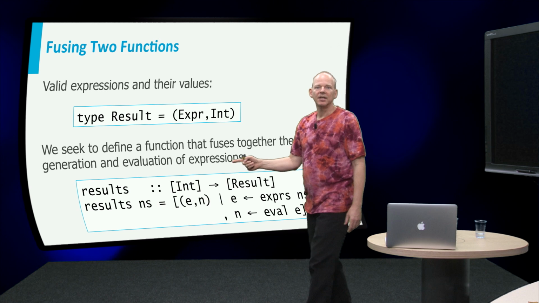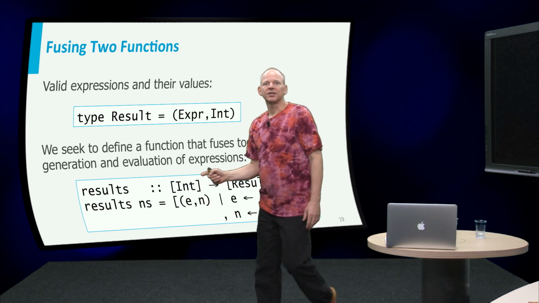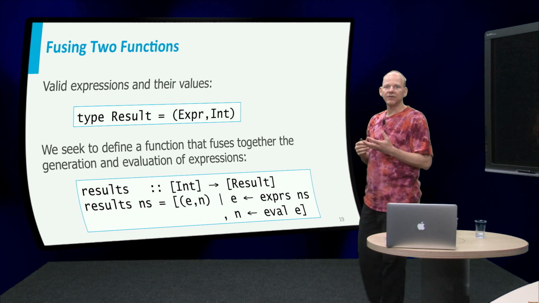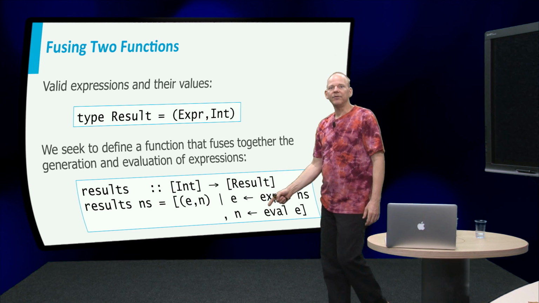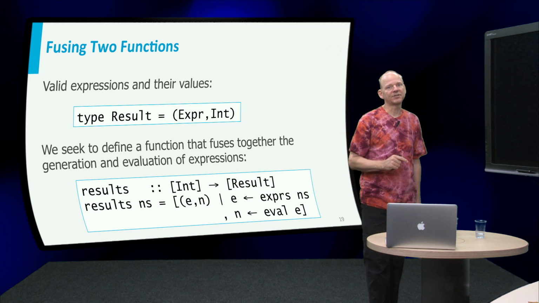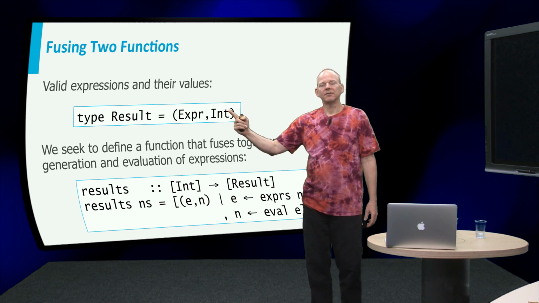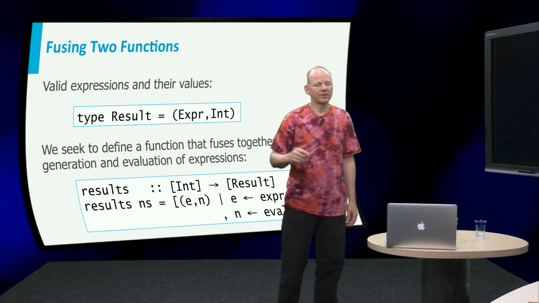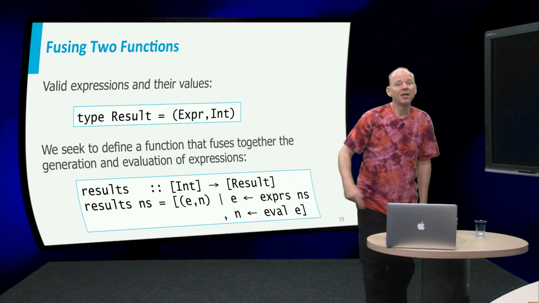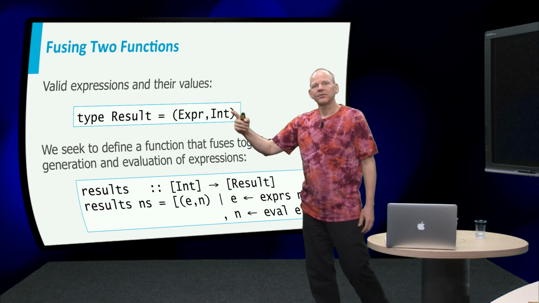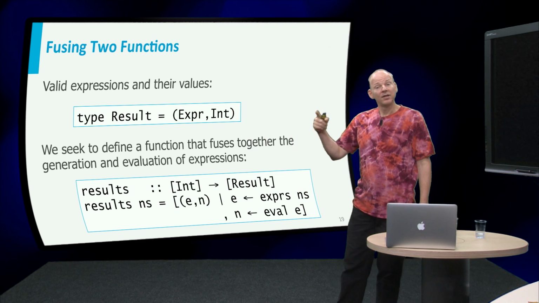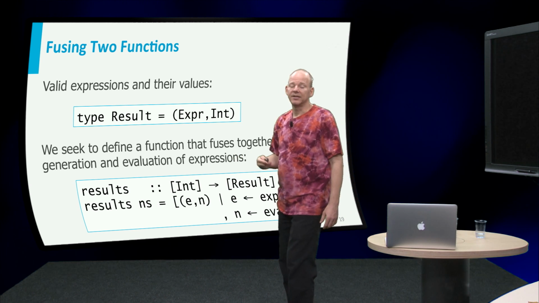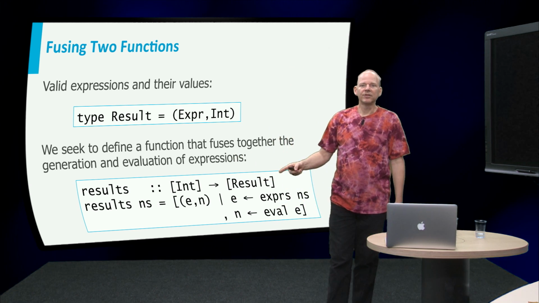What we want is a function that fuses together the generation and the evaluation of the expressions. This is the result of evaluating the expression, and that is the result of generating the expression. But we needed the result of evaluating the expression to check whether it satisfied the constraints of the game.